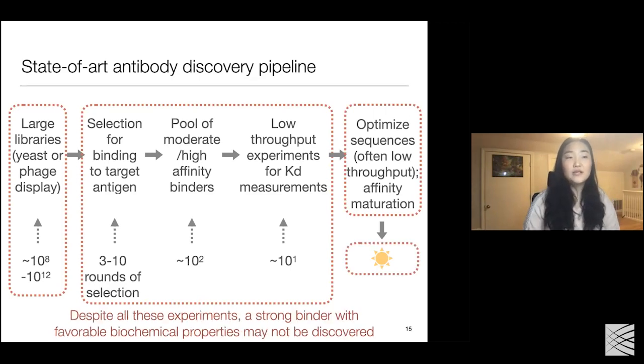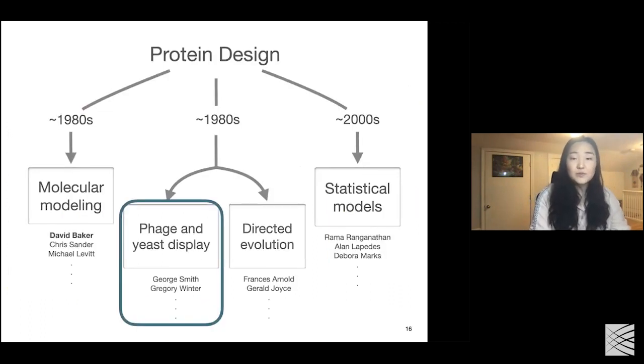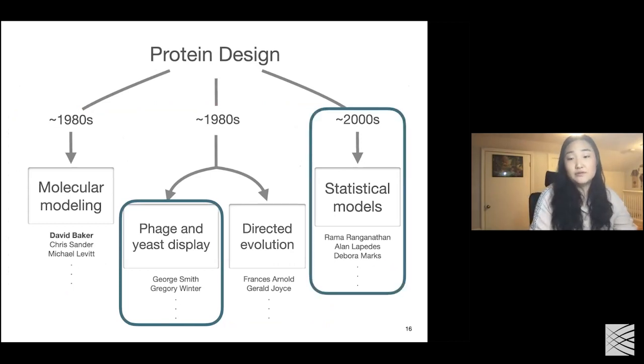And then finally, despite all of these experiments, a strong binder with favorable biochemical properties may still not be discovered in this way. And so this brings us to how we can use computational methods, specifically statistical models of sequences, to help alleviate some of this experimental burden.